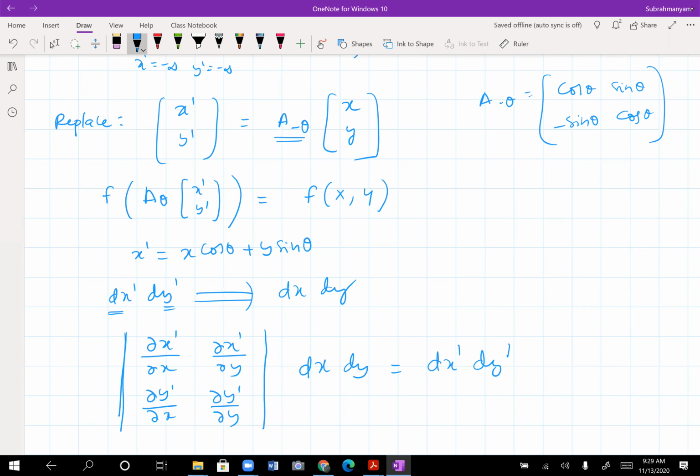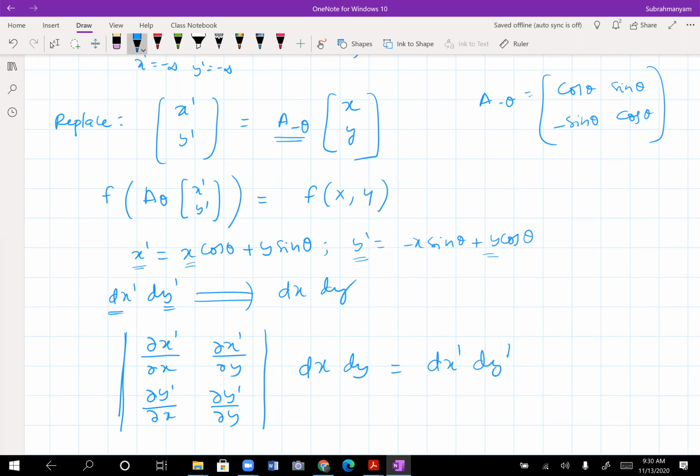This change of variables, you should have studied it in calculus, when there are two dependent variables. Because see now how things are there. X dash equal to x cos theta plus y sin theta, and y dash equal to minus x sin theta plus y cos theta. Now we want an expression for dx dash dy dash in terms of dx and dy.